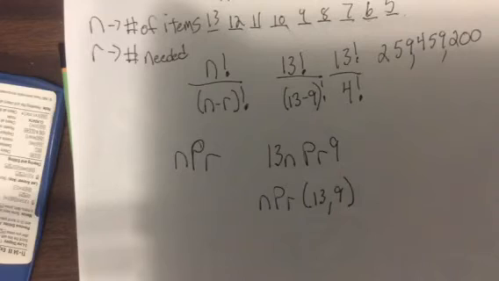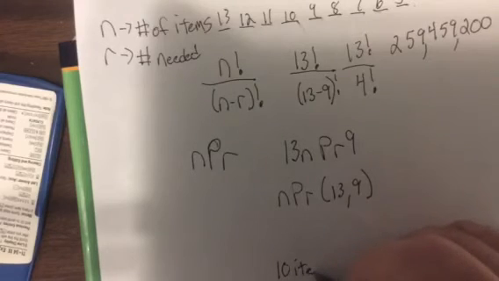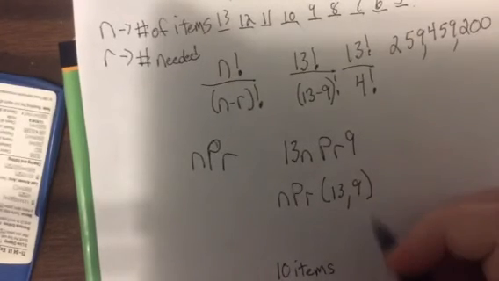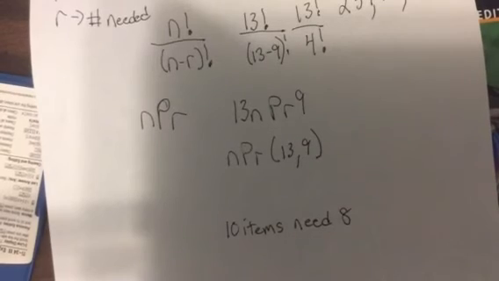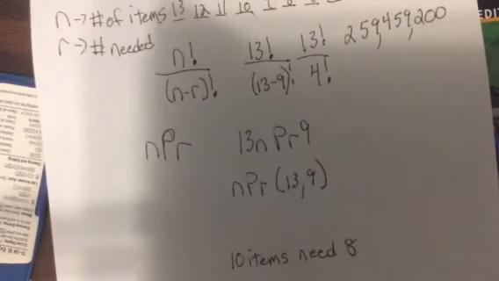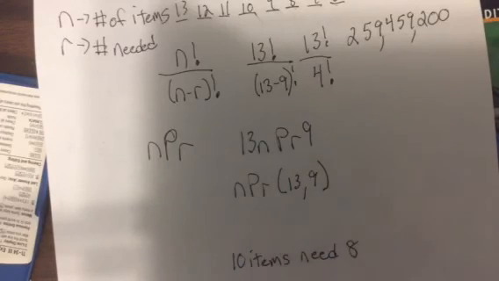So, what I want you to do tonight is with the calculator, it doesn't have to be Desmos. Let's say you have 10 items and you need 8 of them to put in a row. With the calculator, see if you can figure out how to do it. Now, if you want to do it this way, fine. If you want to do it this way, that's fine.